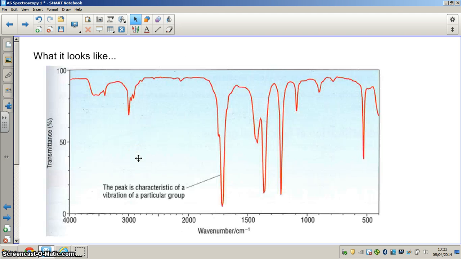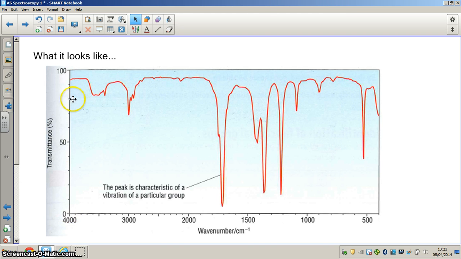So let's now look at a typical trace pattern you get from an IR spectrum, and this is the sort of thing that you'll be presented with in the question. You'll see that down the side there is the vertical axis, which is a thing called transmittance, and you go 100% down to 0%.